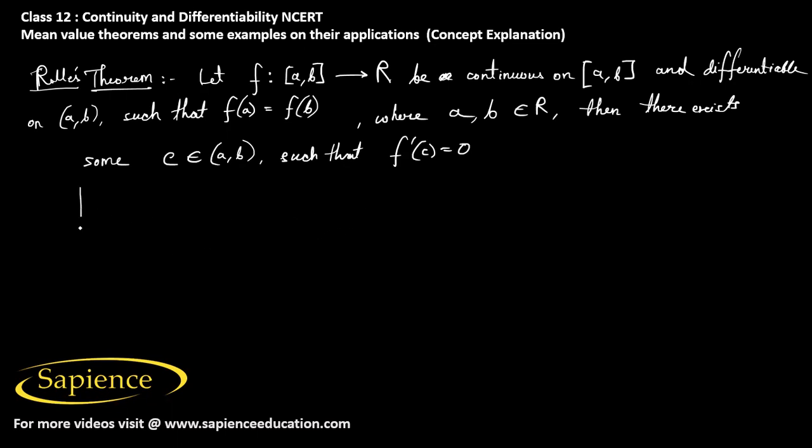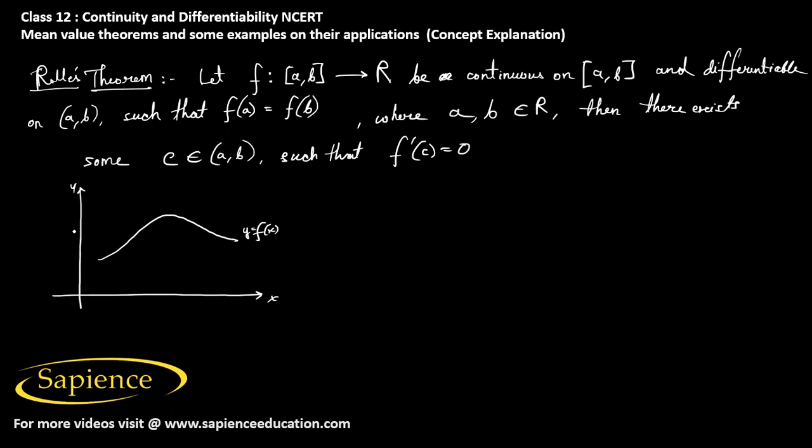We can understand this Rolle's theorem graphically. If this is the x-axis and this is the y-axis, and suppose we have a function like this, y equal to f of x, the graph of y equal to f of x.